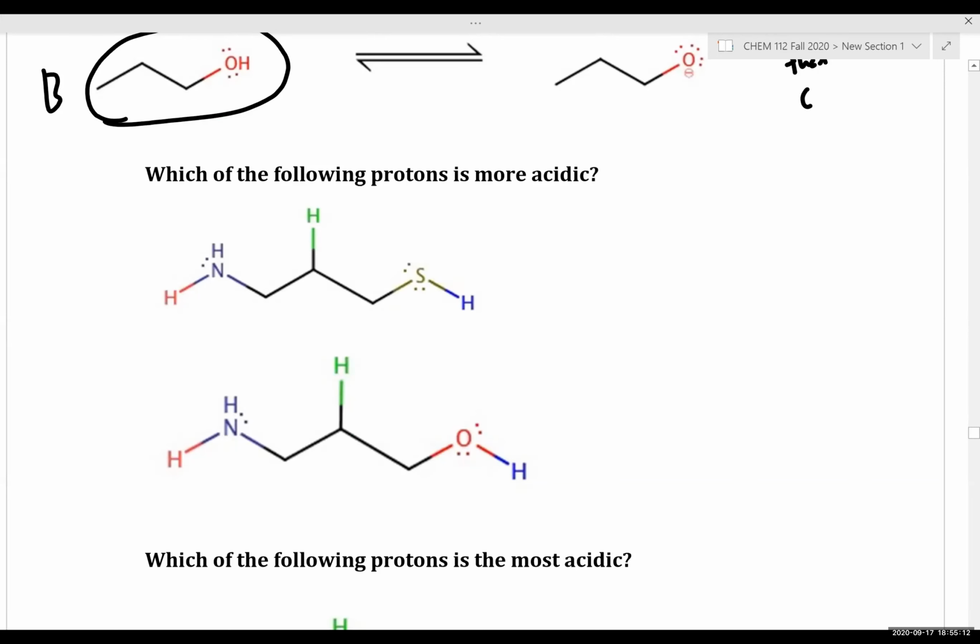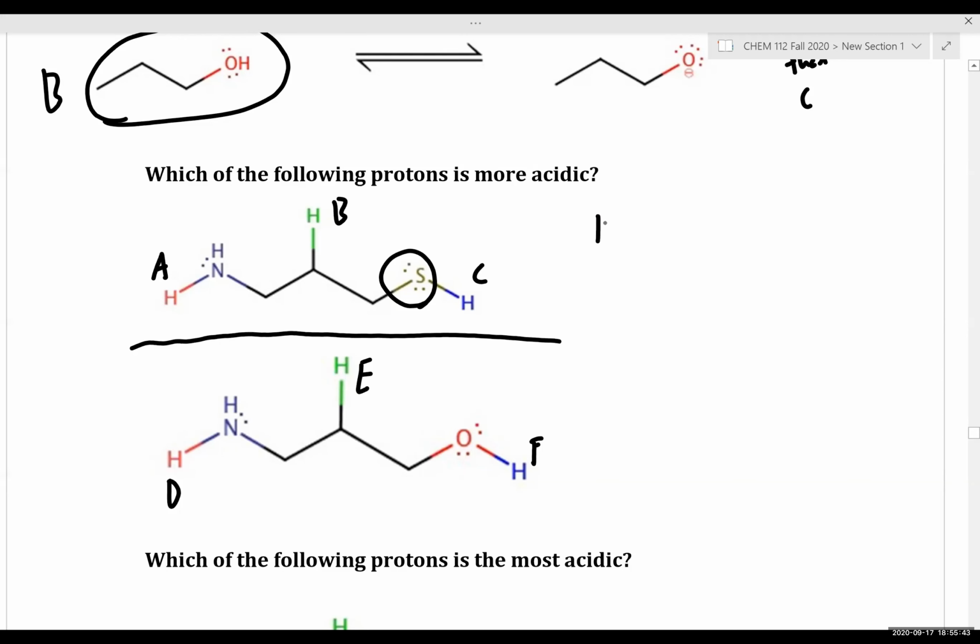So let's look at this first example. Which proton is the most acidic, A, B, or C? C, yep. And we have two reasons for that.